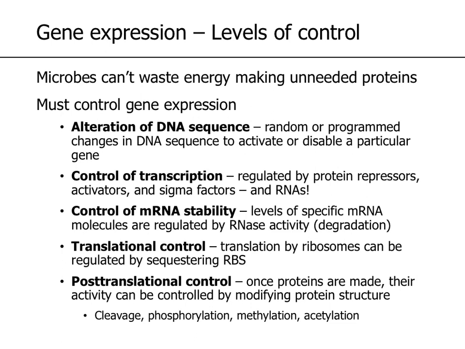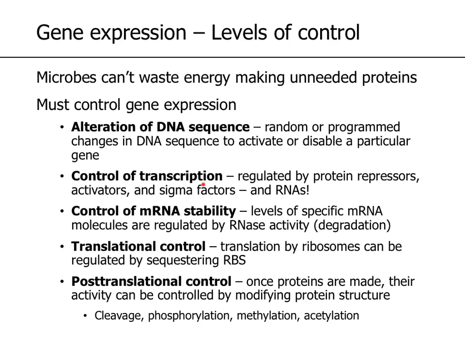And so there are various different ways that they can actually control gene expression, and at different levels within the central dogma, right? So at the DNA level, they can actually alter DNA sequences. And so this can change to either activate or disable a certain part of a gene.